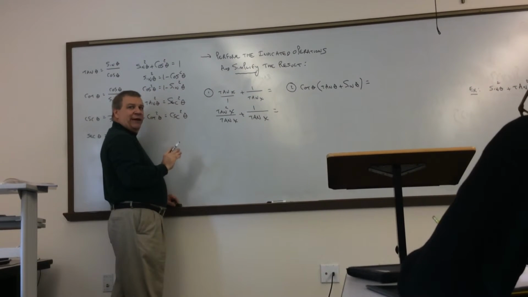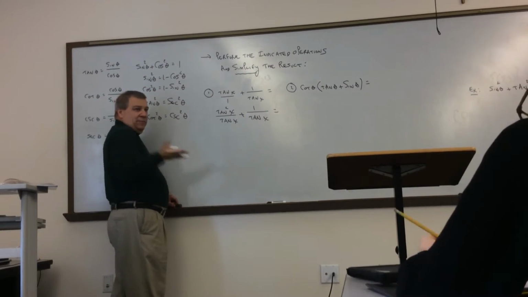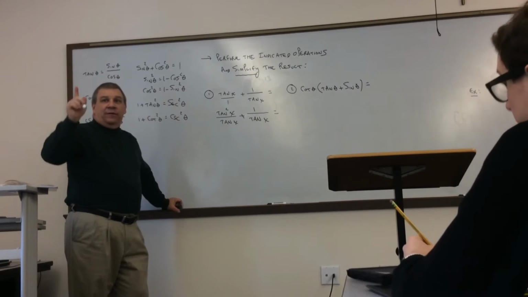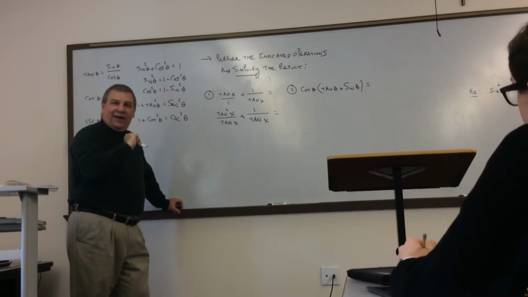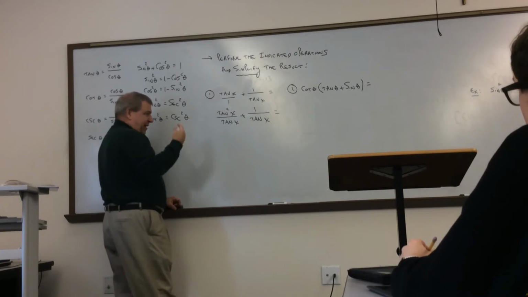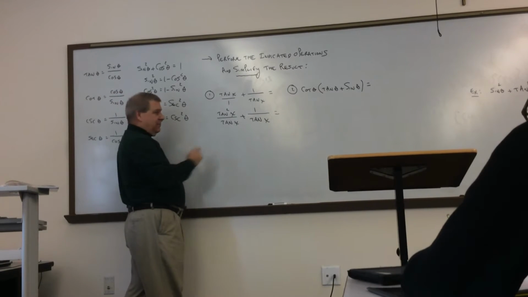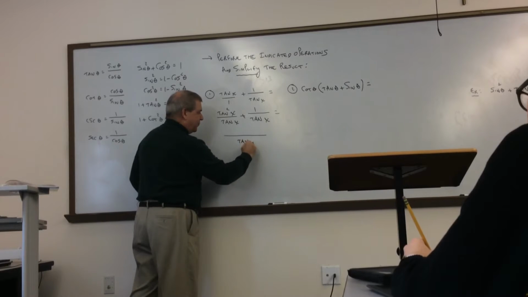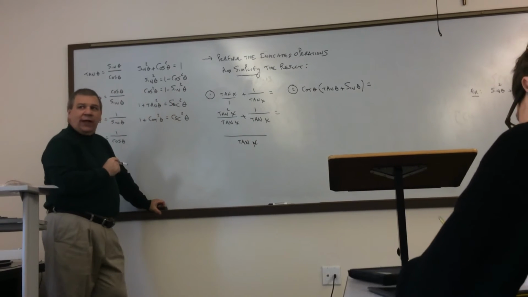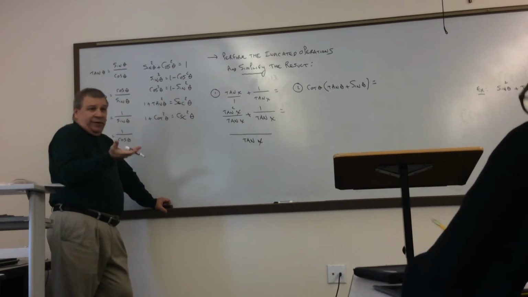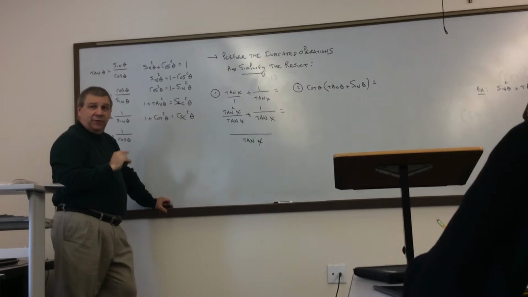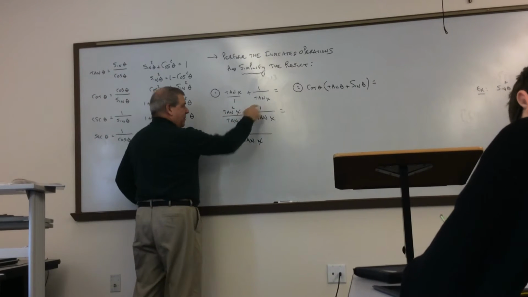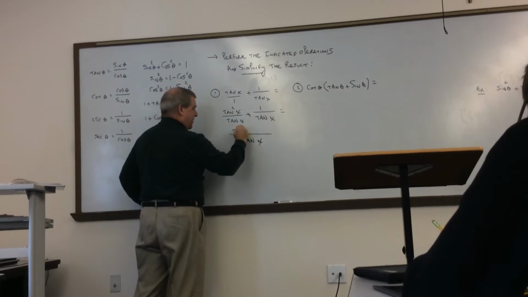Now, once your denominators are the same, what do you do in freshman algebra? Make one fraction, right? Somebody, give me the one fraction. Go ahead. It's on the board. Just tell me what to put up there. Chris? Tan squared of x plus 1.